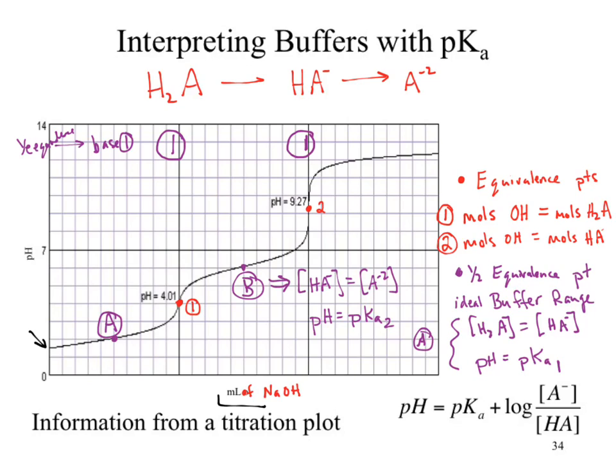Why not? If I'm at 6.5, I'm somewhere up on this part of the curve. Does pKa 1 have any influence at this part of the curve? pKa 1's down here at a lower pH. So you have to choose which pKa to evaluate depending on the conditions you're set at.